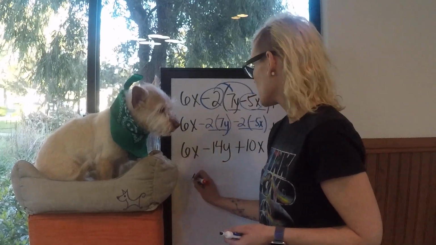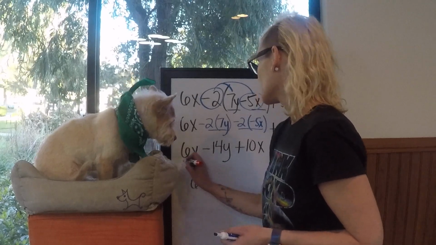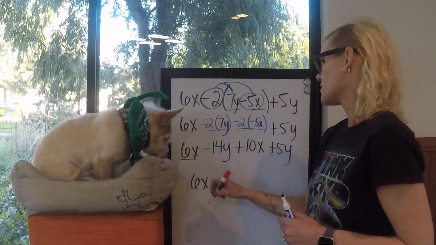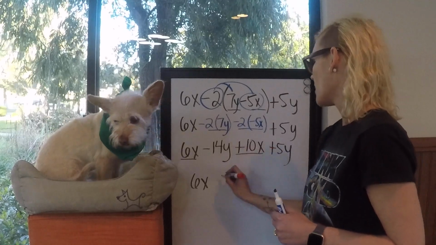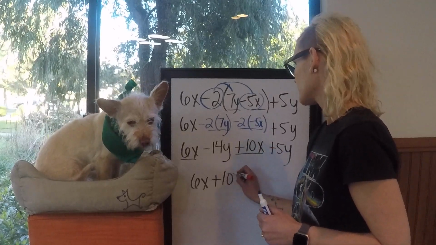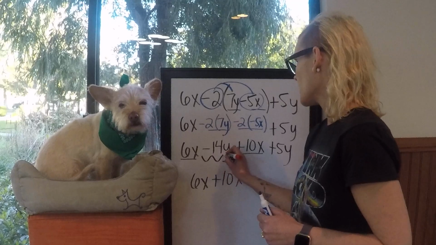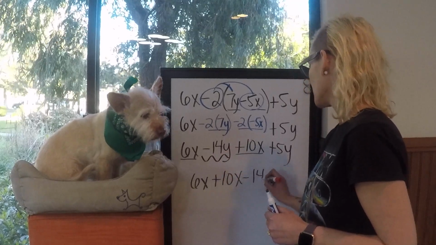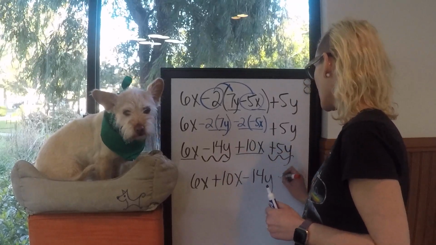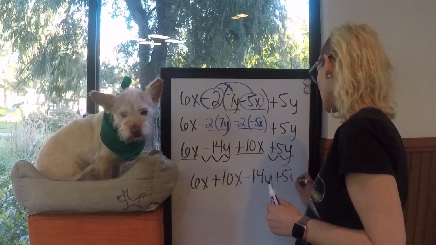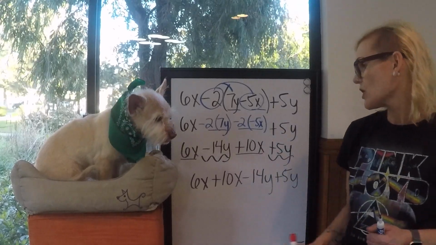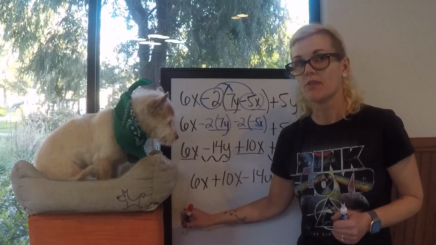So again, I'm going to rewrite the like terms, I'm going to write them next to each other. The 6x with a positive 10x. I also see that I have a negative 14y, and I have a positive 5y. Okay, so how many x's do I have all together?